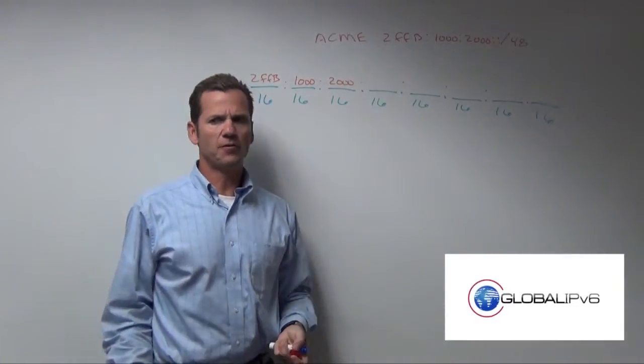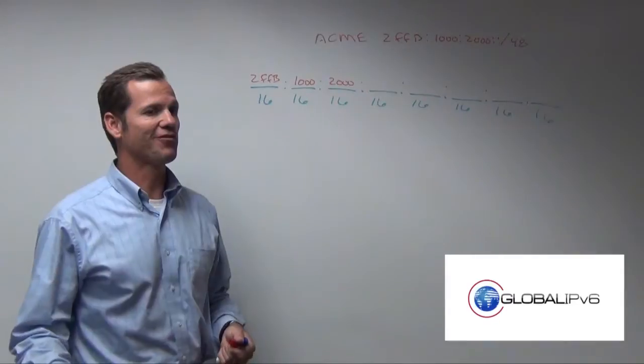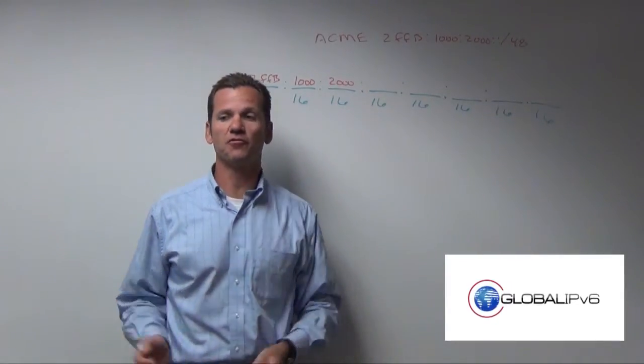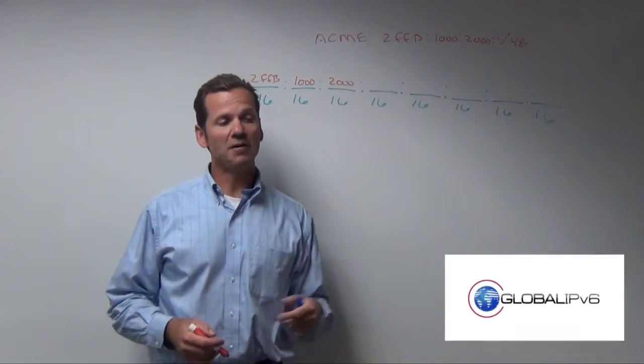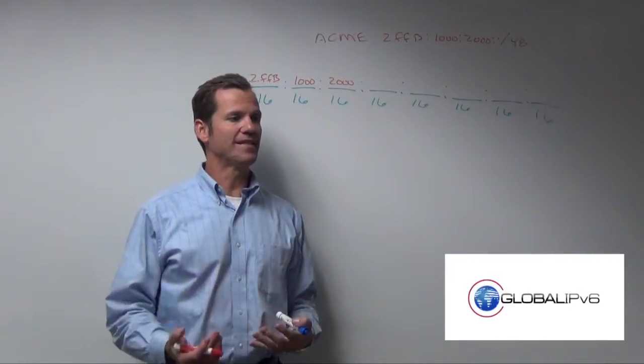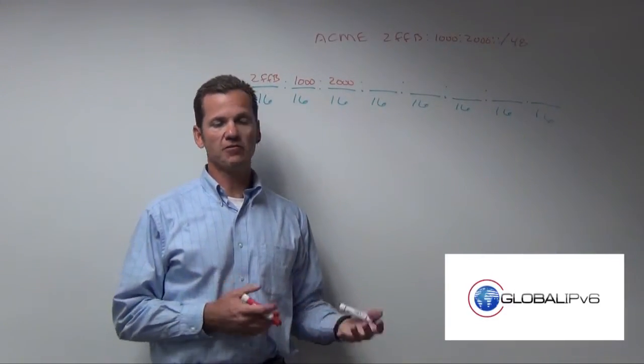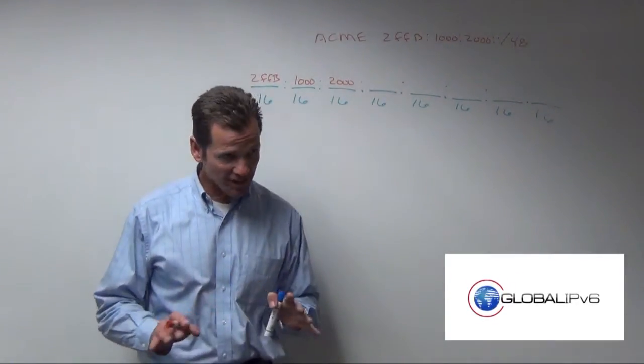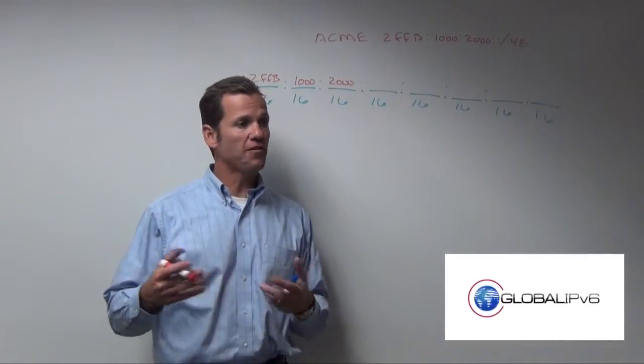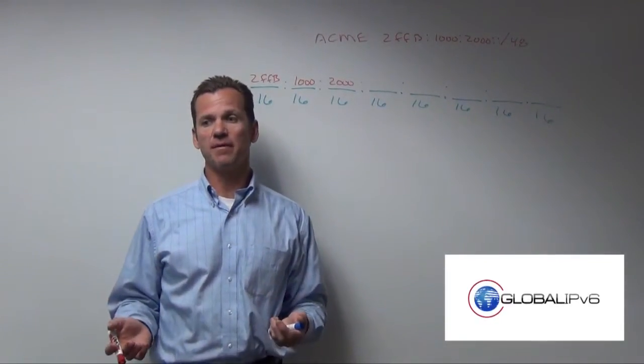Well, what does that mean to us? Well, it's kind of like receiving a Class B address, for example. So if I was assigned 130.10, that means the first 16 bits, I could not change it. But I could do anything I wanted to with the last 16 bits.